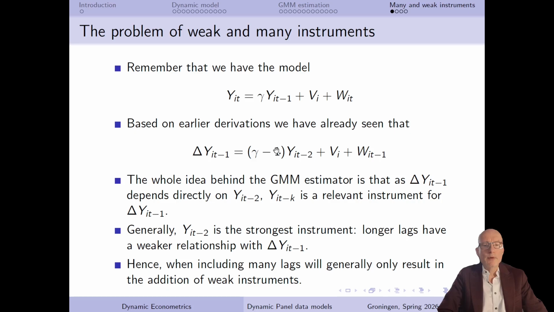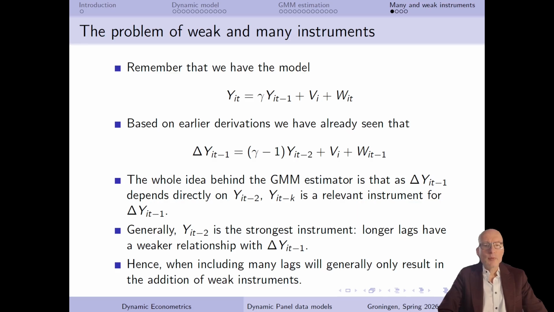Also remember that based on this model, we already derived the following equation, where we have delta YIT minus 1 at the left-hand side, and at the right-hand side gamma minus 1 times YIT minus 2 plus VI plus WIT minus 1. We have already derived this earlier during this lecture.